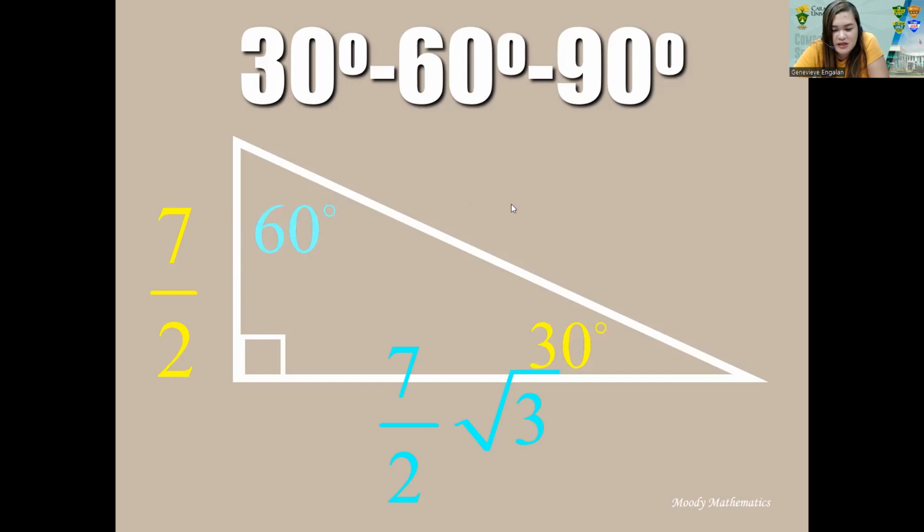So this will be 7. Do you get it? Yes, ma'am. 7 over 2 times 2 cancels, so just 7.